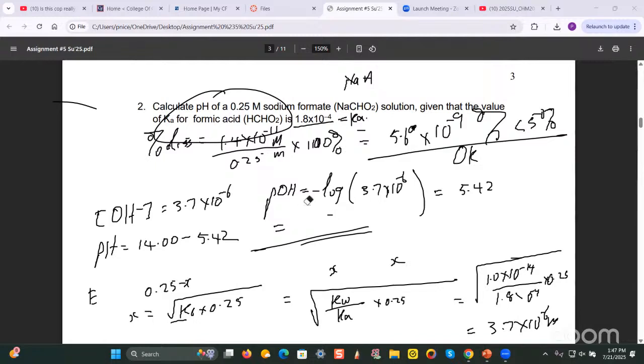That is above 7. I got 5.42, but you got 5.43. Let me do it again, 3.7 times 10 to the minus 6. I find the log. Oh yeah, you're right, 5.43.